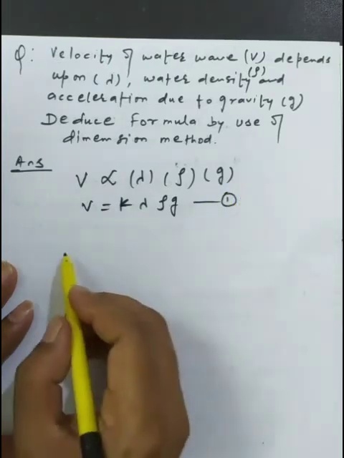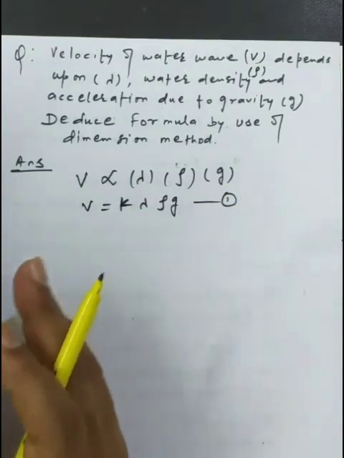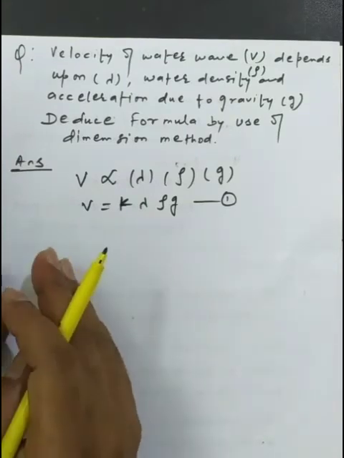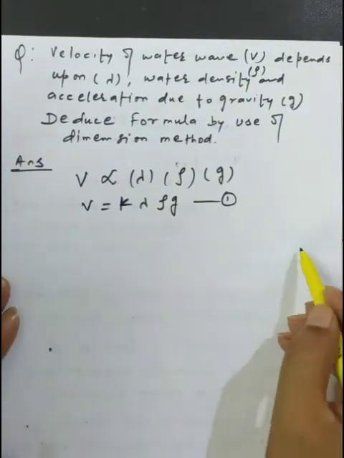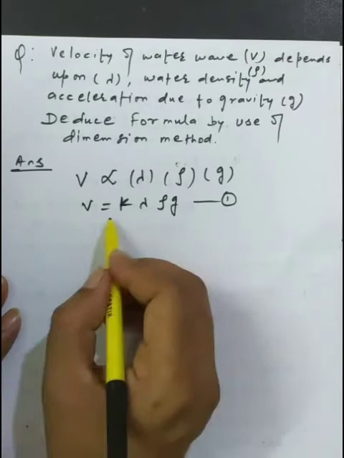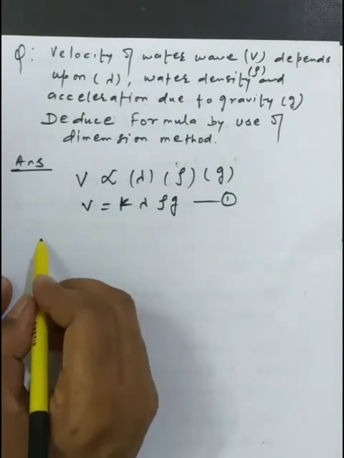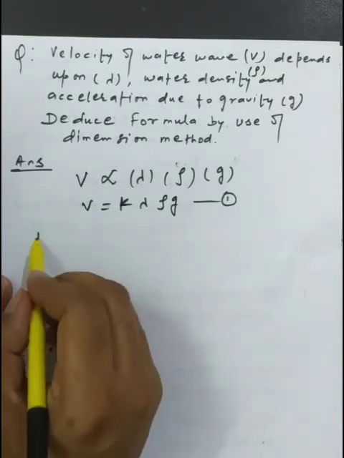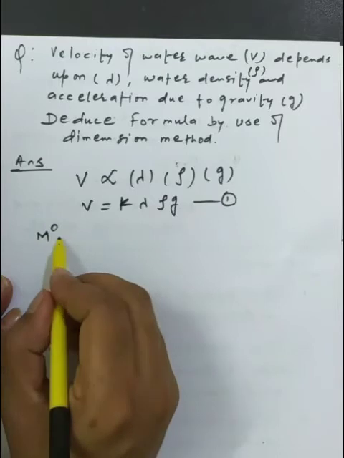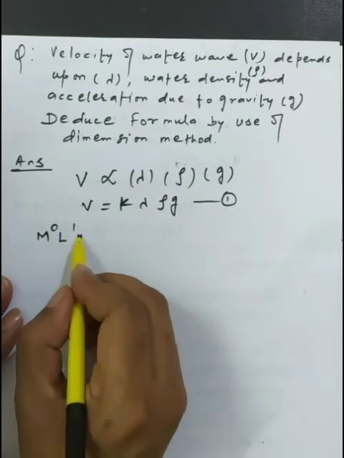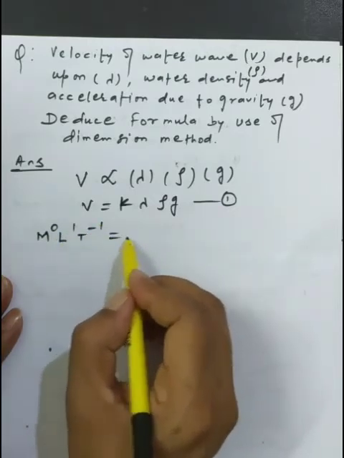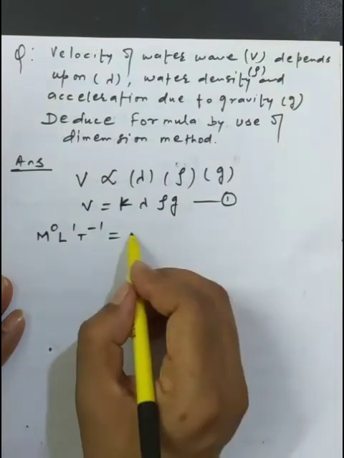Now we write the dimensions of each physical quantity in its place. The velocity has dimensions M^0 L^1 T^-1, the dimension formula of velocity.